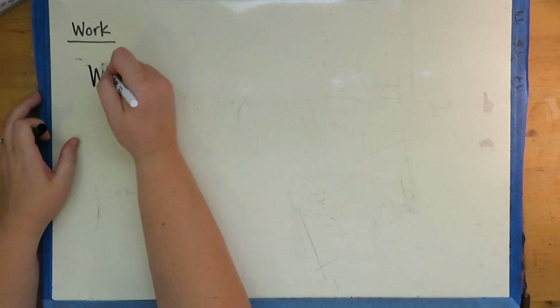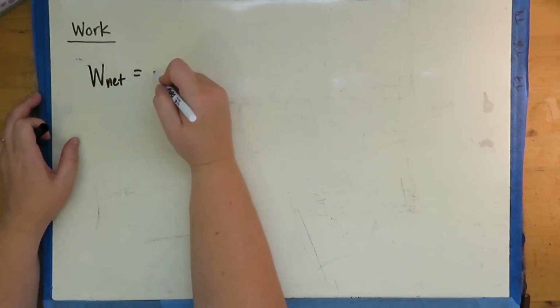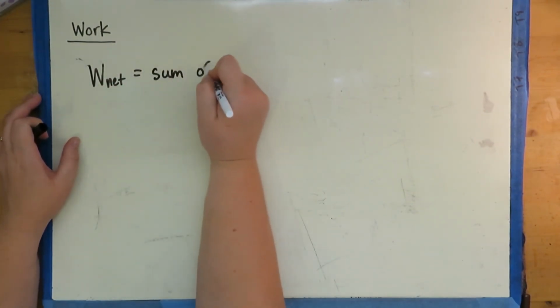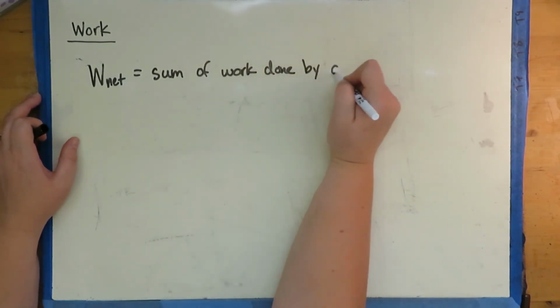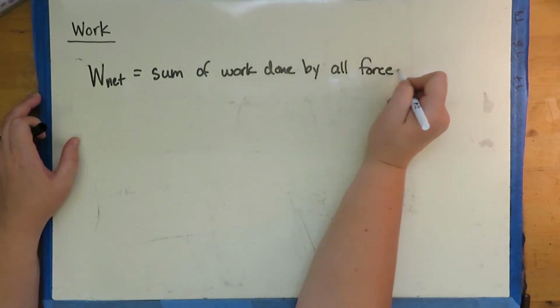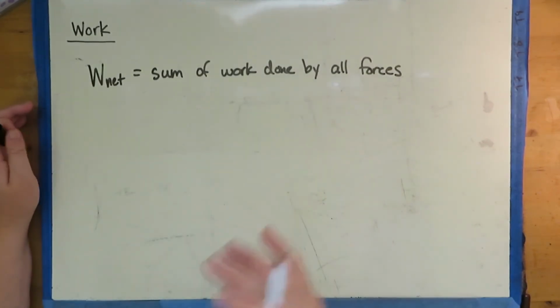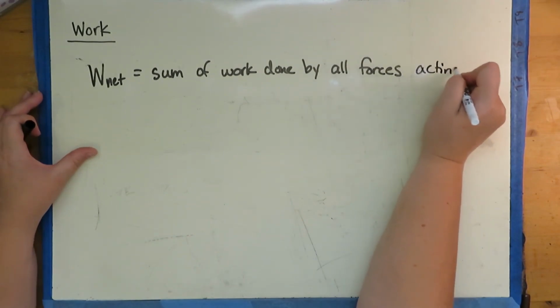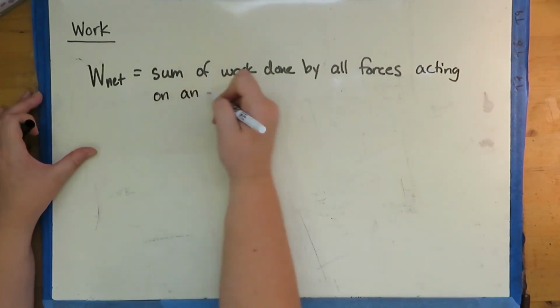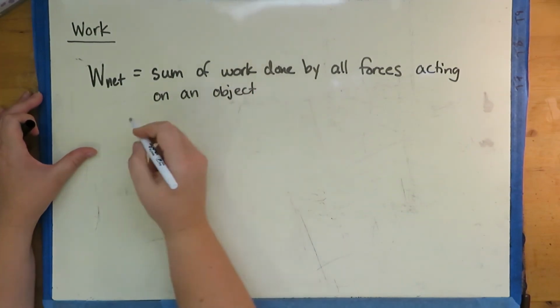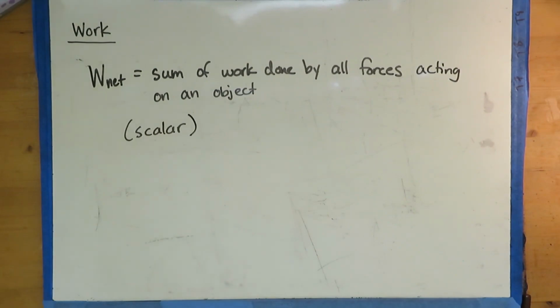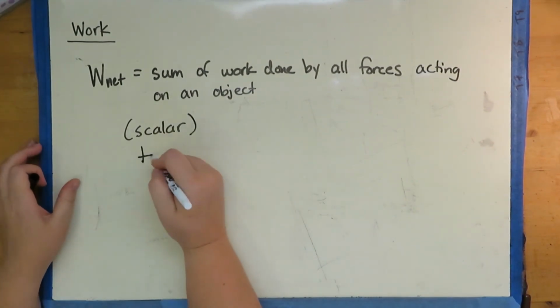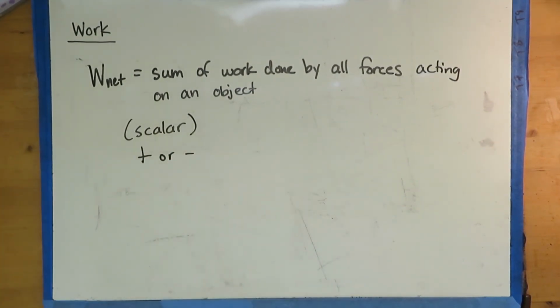We can define net work as the sum of the work done by all forces acting on an object. And once again, this is a scalar value, so it can be positive or negative, but it's going to be a scalar.